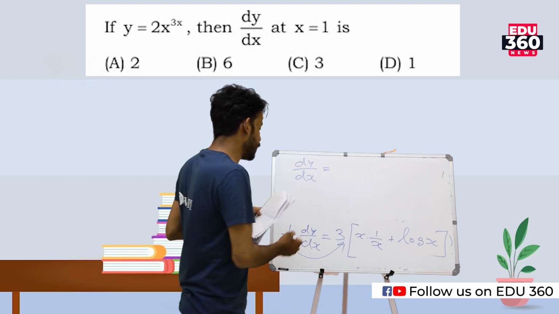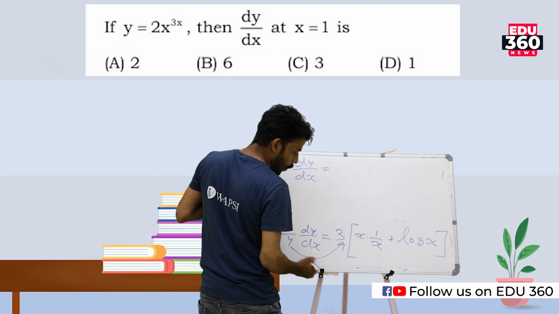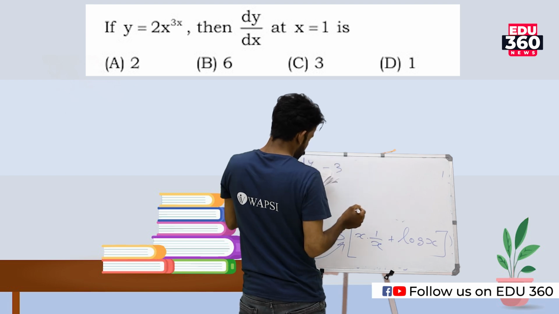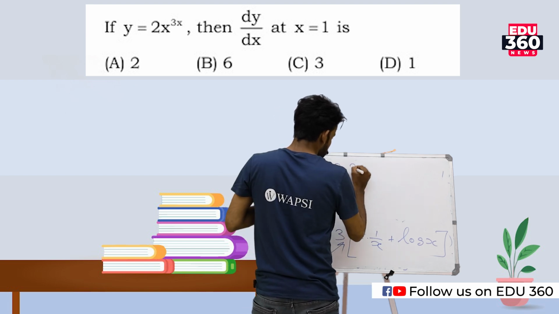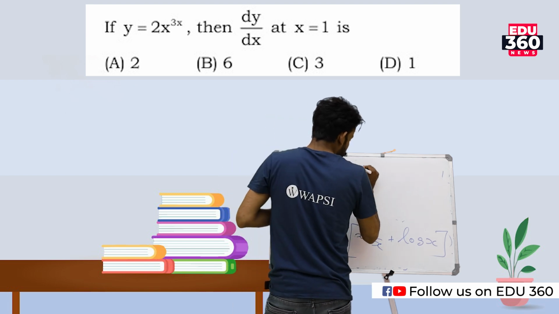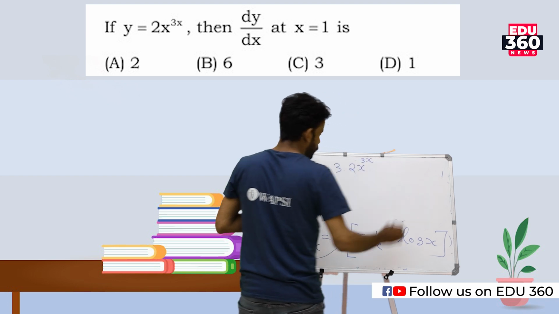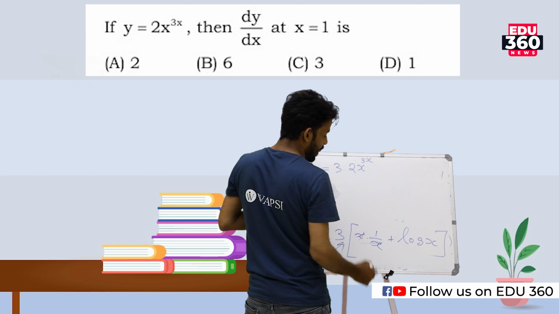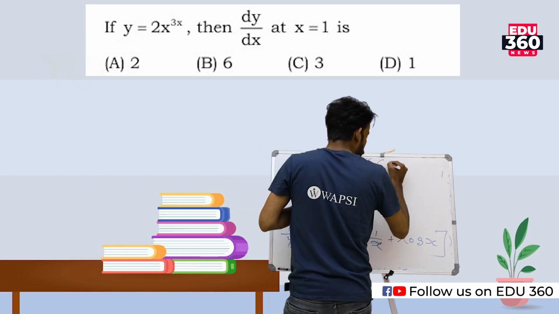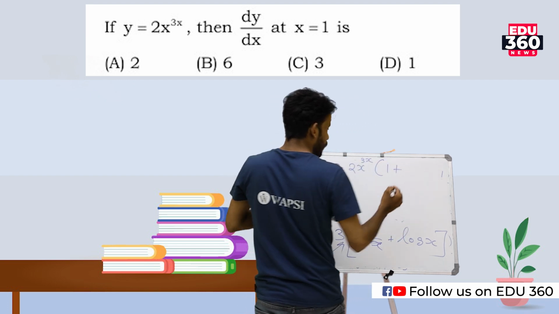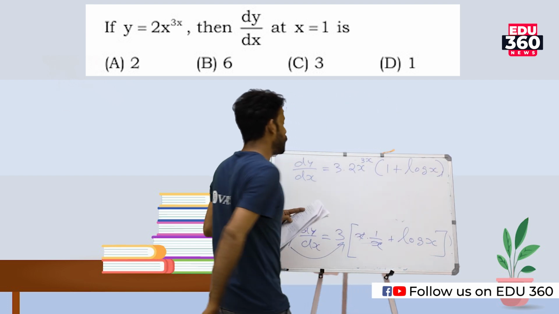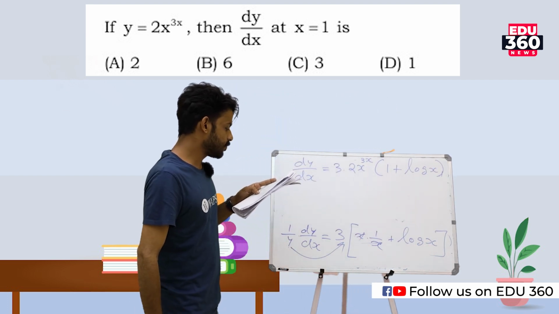So just substitute here: dy by dx is equal to 3 into (2x) raised to 3x, into (1 plus log x).